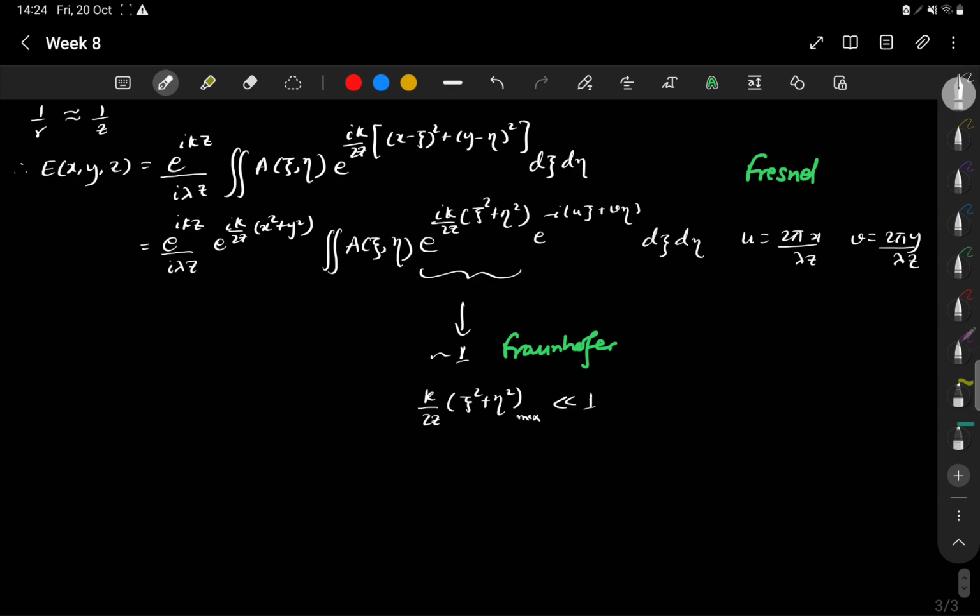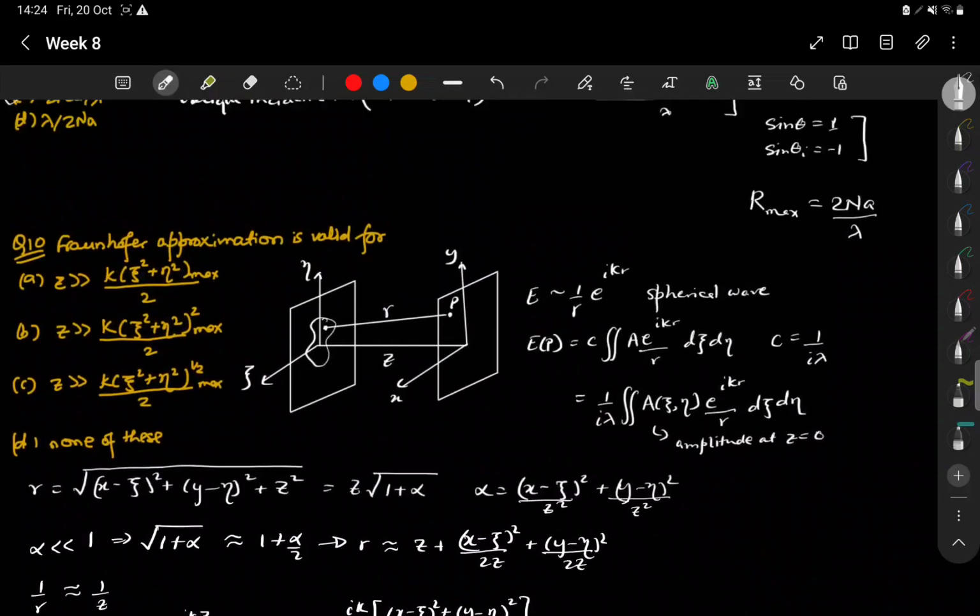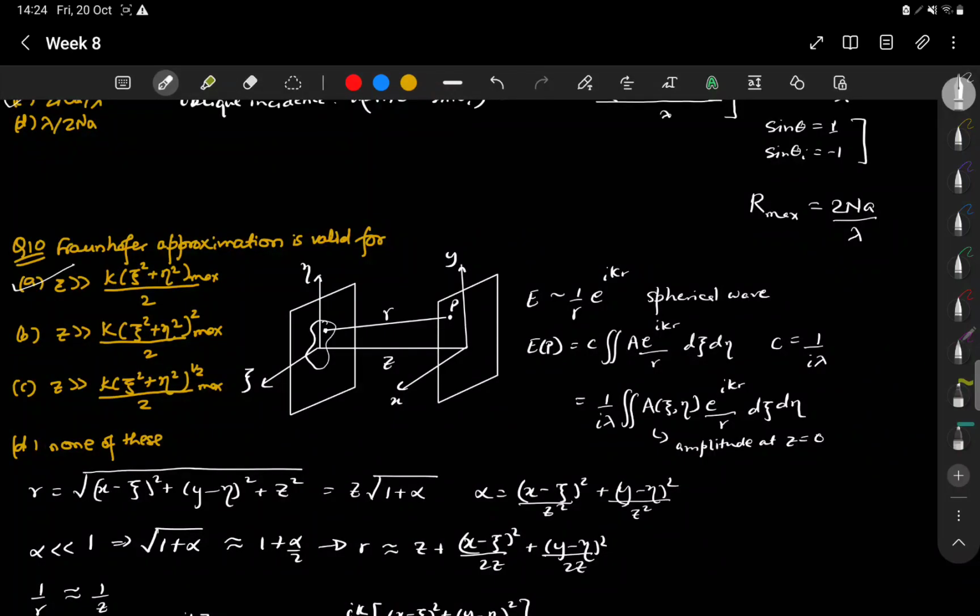Then e to the power 0 is 1, so that's why. So rearranging the terms gives us z is greater than k times (xi squared plus eta squared) max over 2. So option A is the correct option.